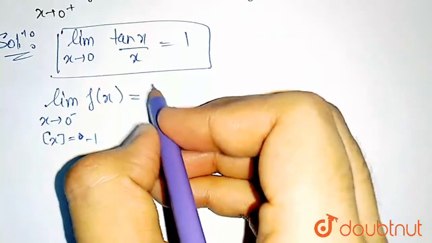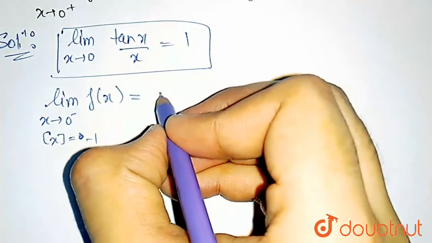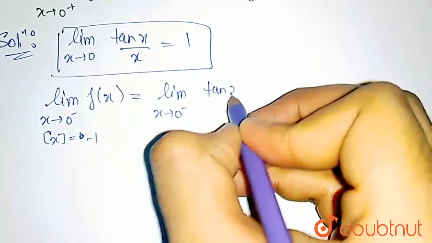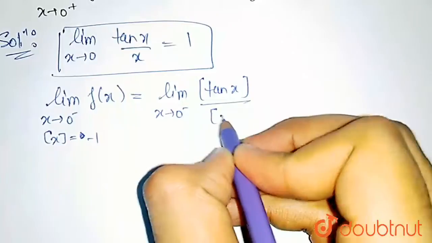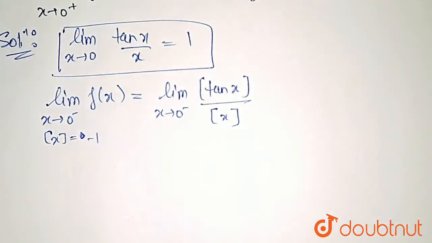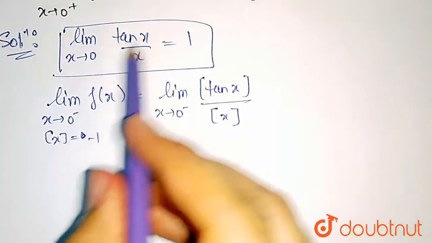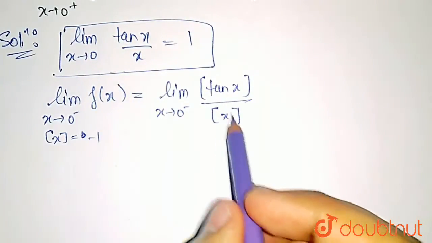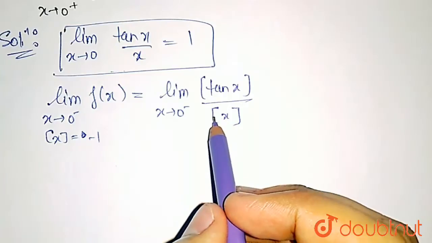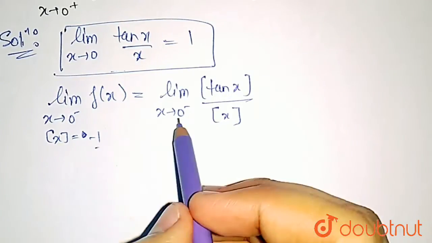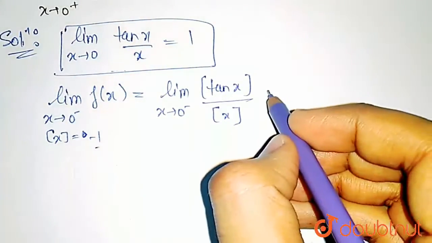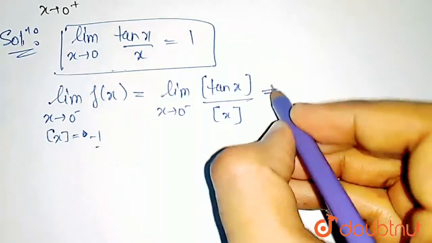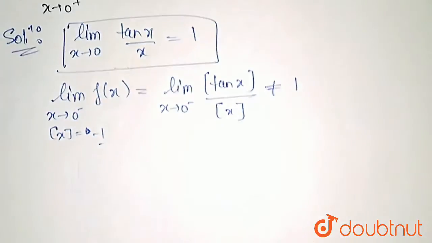So f(x) would be equal to limit x tending to 0 negative of the greatest integer function of tan x divided by the greatest integer function of x. Now we have already seen that this limit is equal to 1 only if x is tending to 0, but here the value is tending to minus 1. The greatest integer function of x would be minus 1 in this case. So we don't know what its value would be, but it could not be equal to 1.